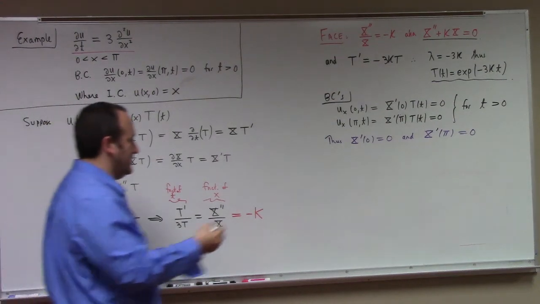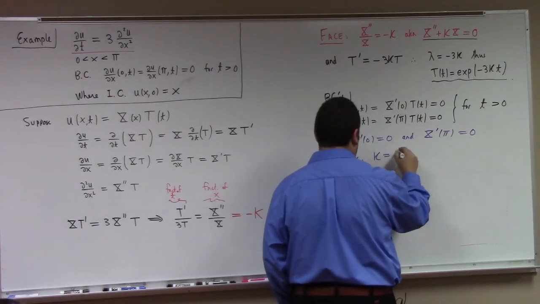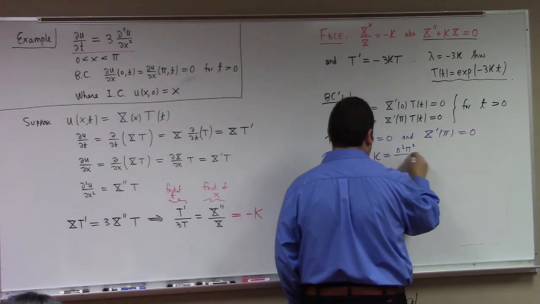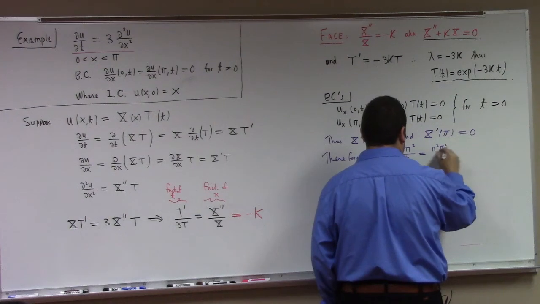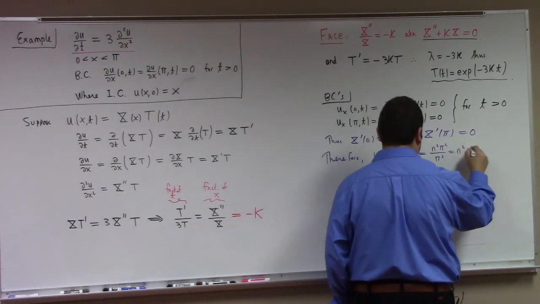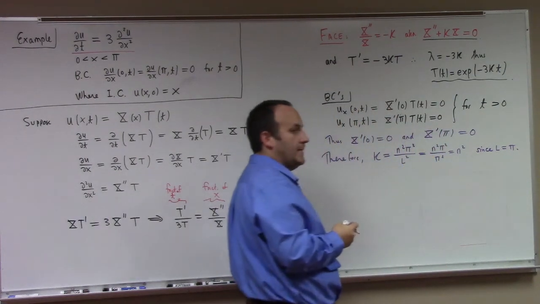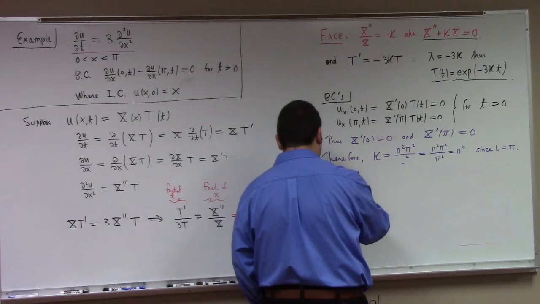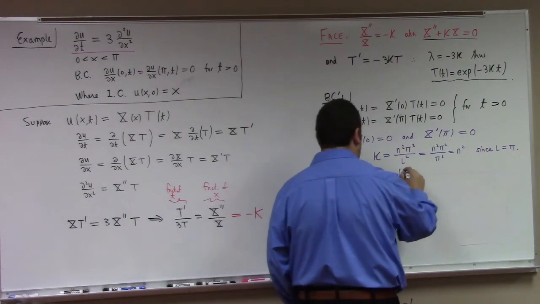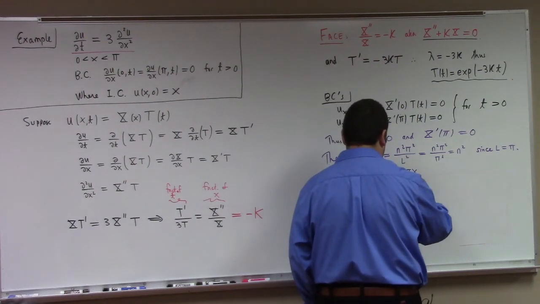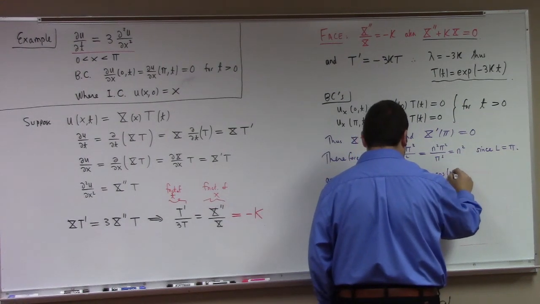The answer was, therefore, k is equal to n squared pi squared divided by L squared, which is equal to n squared pi squared over pi squared, also known as n squared, since L is equal to pi here, right? And we have solutions X sub n of x equals cosine of n pi x over L, which, of course, is equal to cosine of just nx.